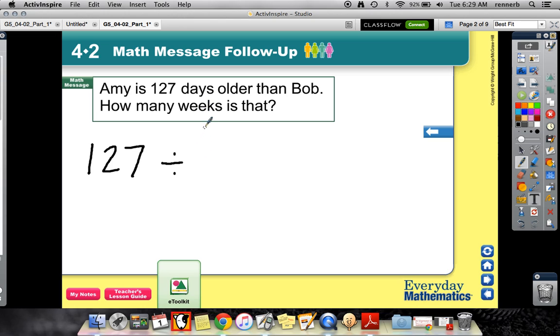Well, I know how many days there are in a week, and that's 7. So if I take 127 divided by 7, that's actually going to equal 18 weeks. But it also has a remainder, so it's 18 weeks and 1 day.